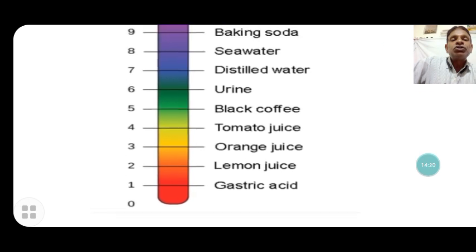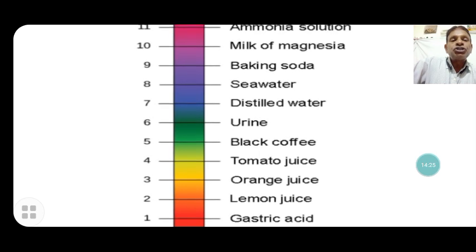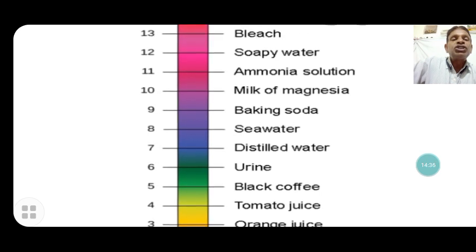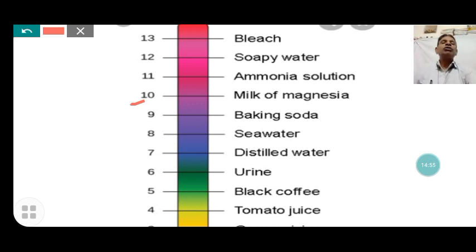The pH of the gastric juice is 1, lemon juice is 2, orange juice is 3, tomato juice is 4, black coffee is here 5, urine is also acidic, that is 6, and distilled water, that is the neutral solution, is 7, and sea water, alkaline water, is pH 8, baking soda 9, milk of magnesia, that is the basic, the pH is equal to 10 here, and the ammonia solution, that is the basic, that is 11, soapy water, that is 12, and bleach that is used in the laundry, the highly basic, that is the pH value of 13.